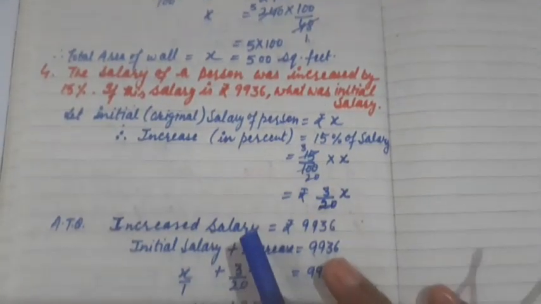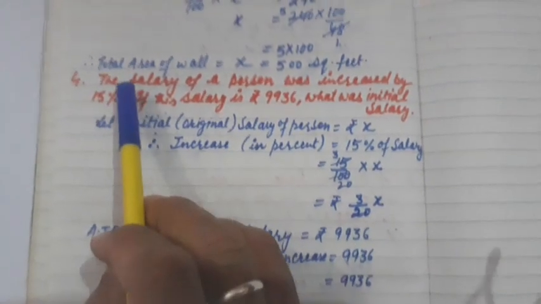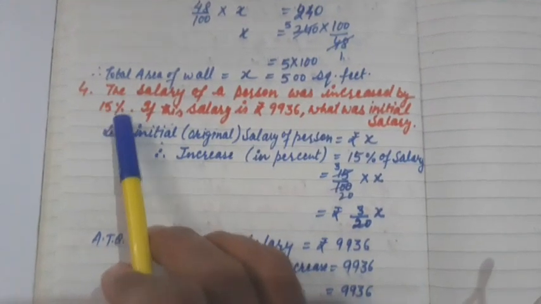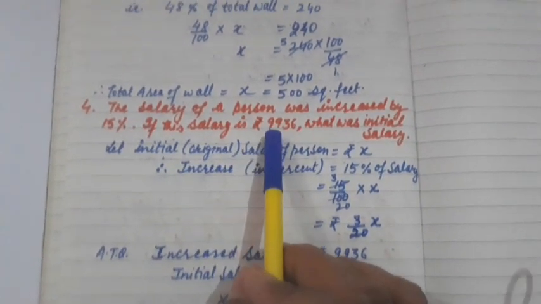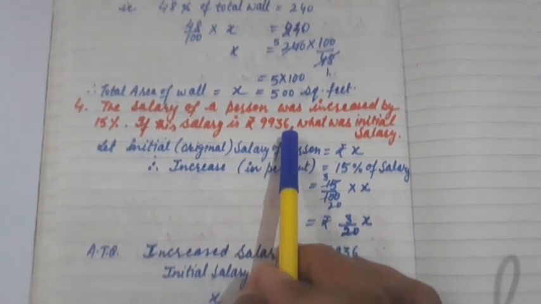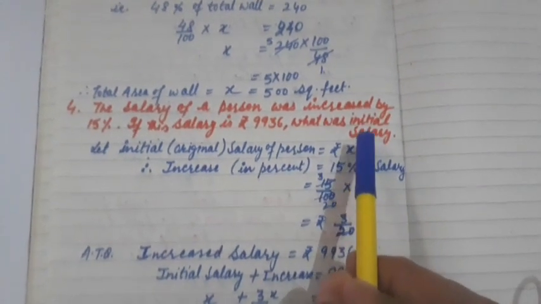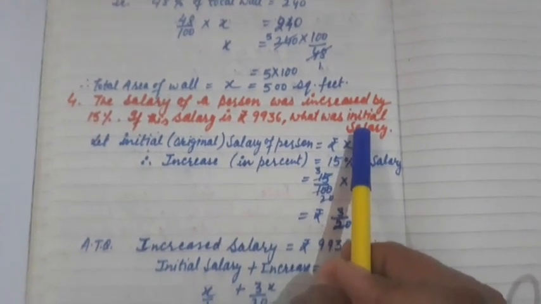In the same way, the next part is there. The salary of a person was increased by 15%. If his salary is now rupees 9936, what was his initial salary, that is the original salary?